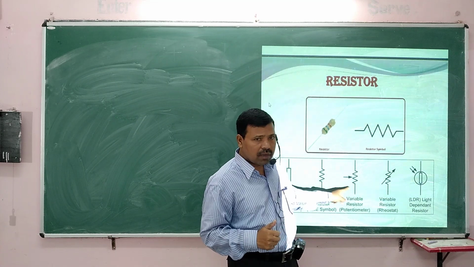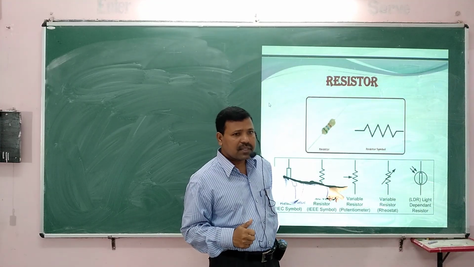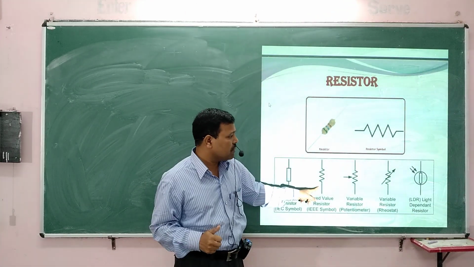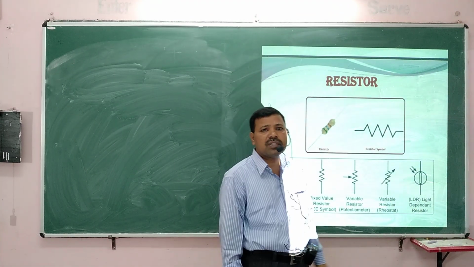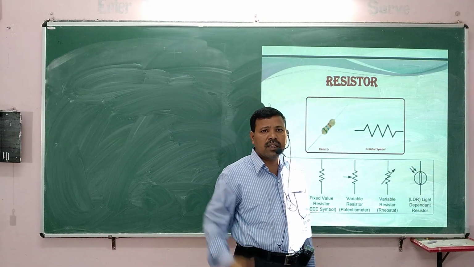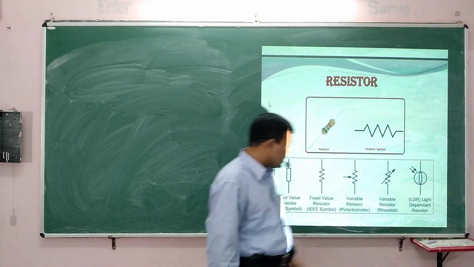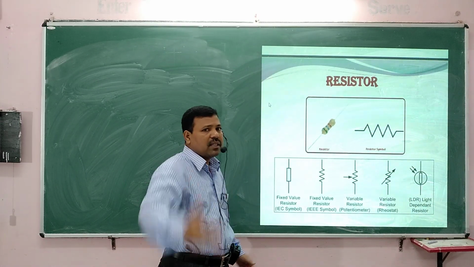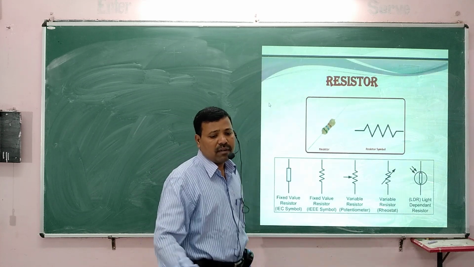Both are the same. And this resistor is a light dependent resistor. As the intensity of light falling on this resistor changes, its resistance will change. Such a resistor is called a light dependent resistor. Fine.